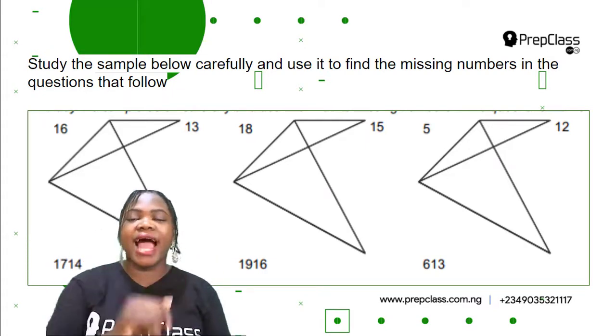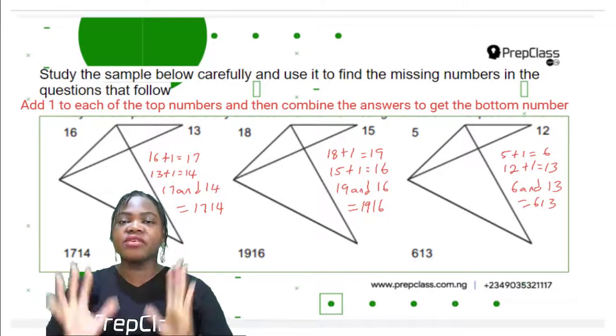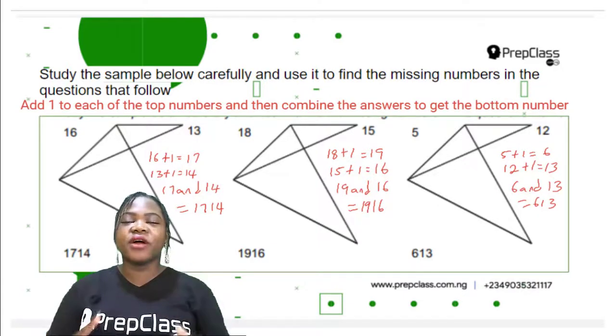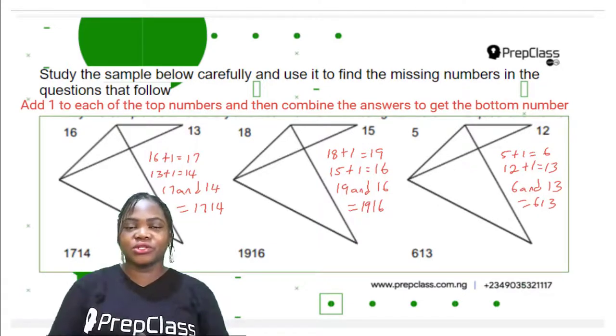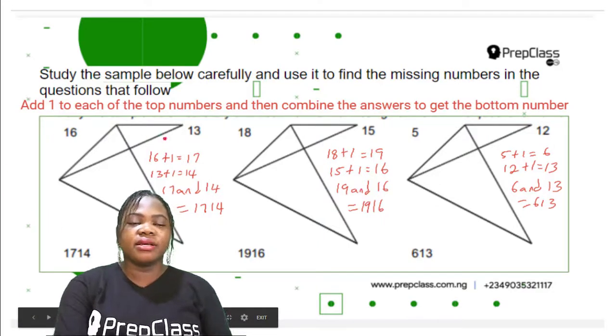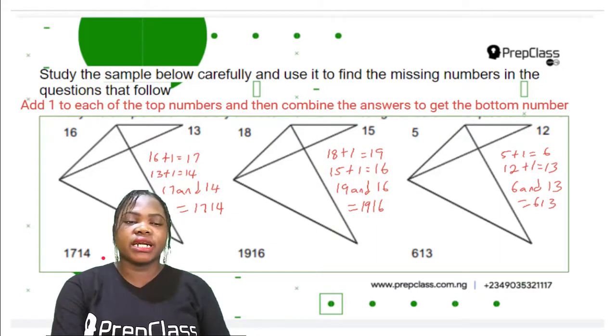Okay, so let's see how this is being done now. All right, so this is actually very easy. Quantitative helps you to think, so you have to think very well to be able to get the solution to the problem. All right, so 16 and 13, but you can see that the bottom number here is 1714. How could it have been gotten?